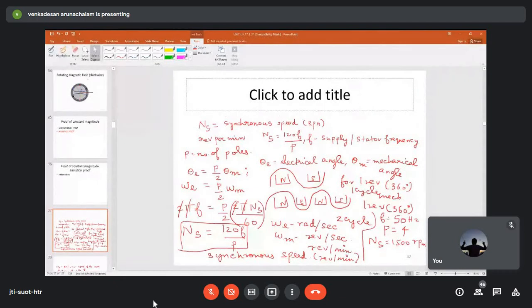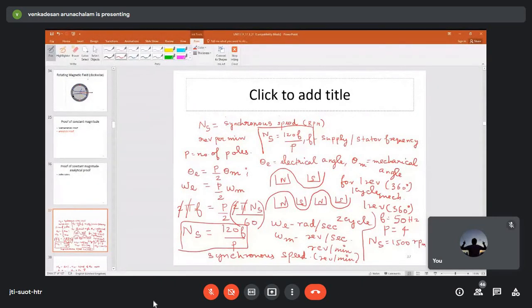Now let us assume ns is the synchronous speed, in RPM, that is revolutions per minute. The expression for ns is given as 120 f by p.